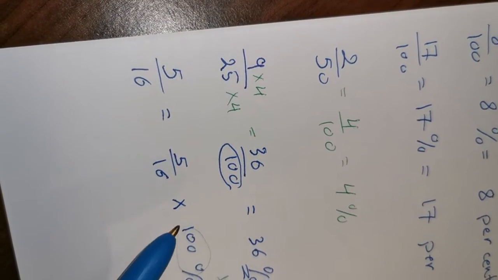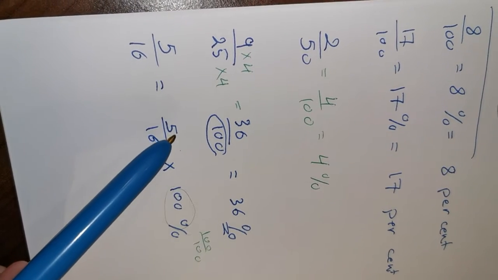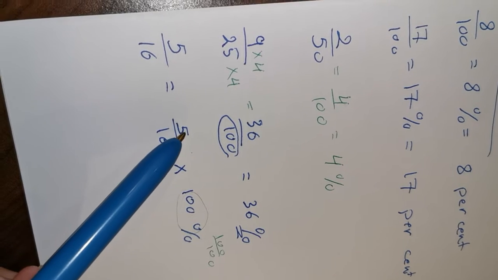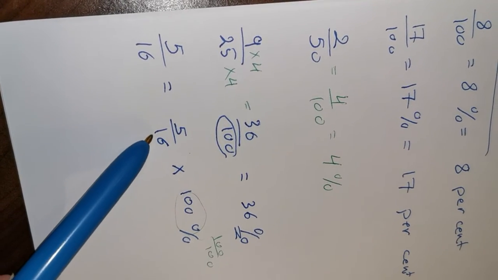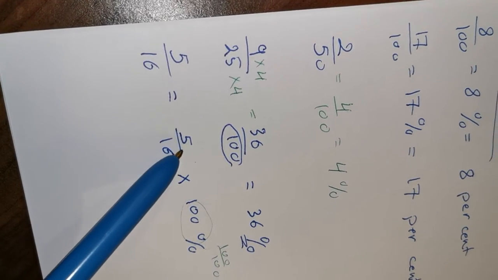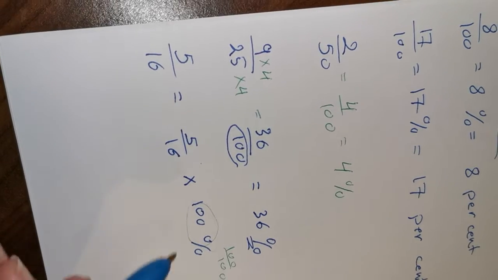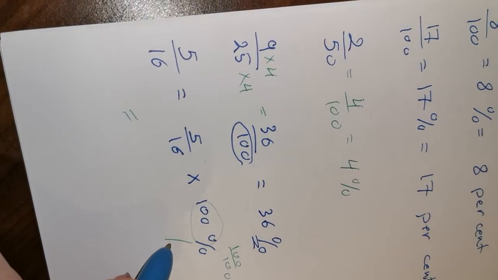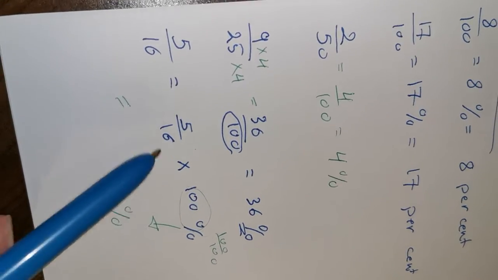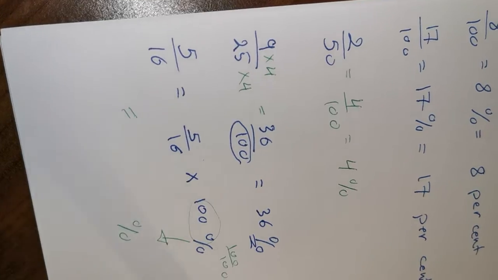So exactly we are going to make an equivalent fraction of 5/16. So you will multiply 5 times 100 divided by 16 and leave the percentage sign, or 5 divided by 16 times 100. So first of all, write the percentage sign and use your calculator to evaluate 5 over 16 times 100.